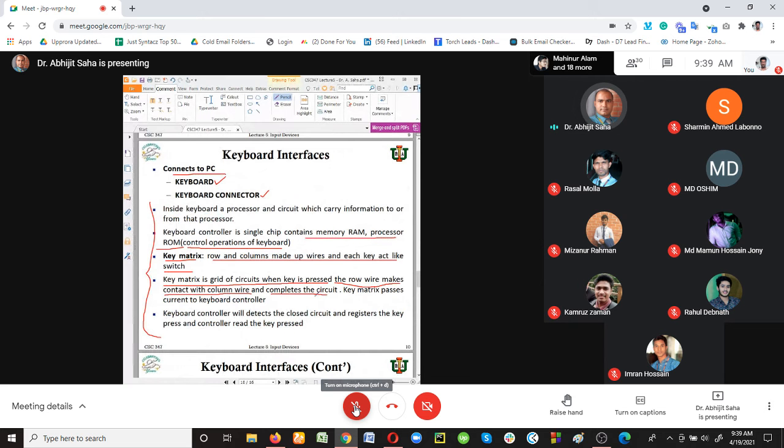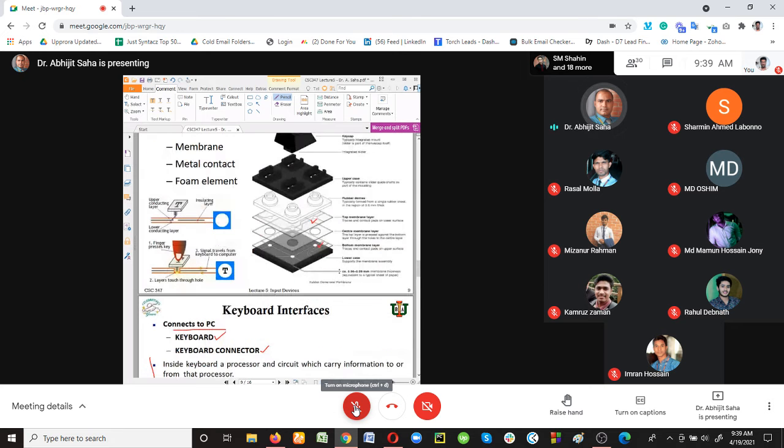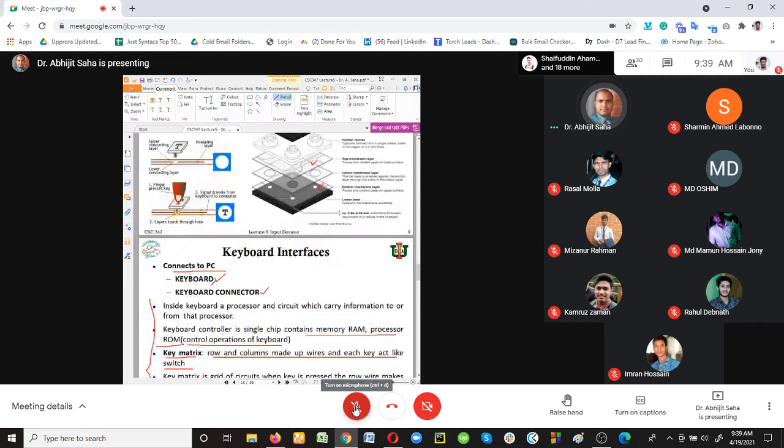The keyboard controller detects this closed circuit and registers the key press, and the controller reads which key you have pressed. We have already explained that when you press a key, a voltage moves, and with that it determines which key you have pressed.